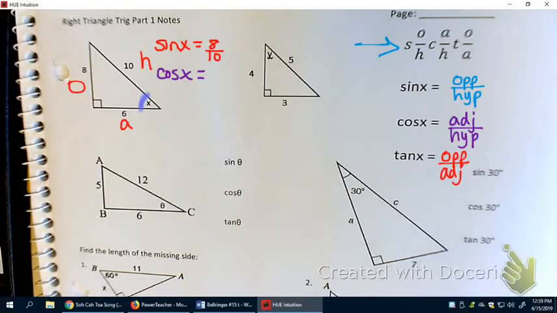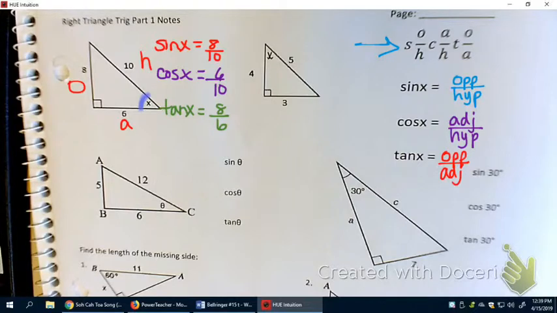My formula says it's A over H, so 6 over 10. And then tangent, over there it says O over A, so here O and A is 8 over 6. Question so far?